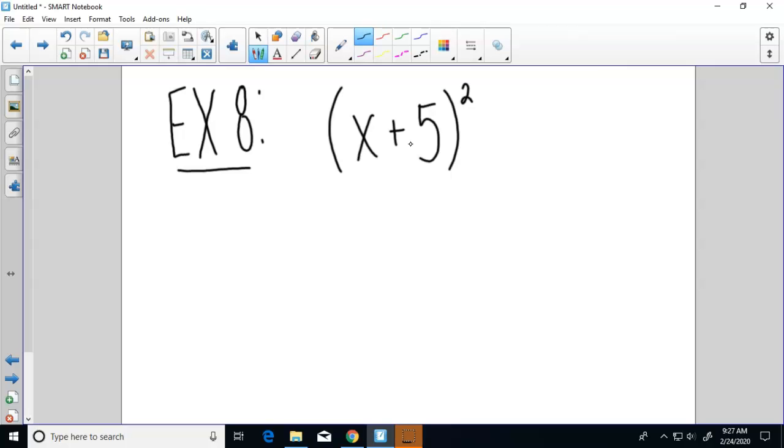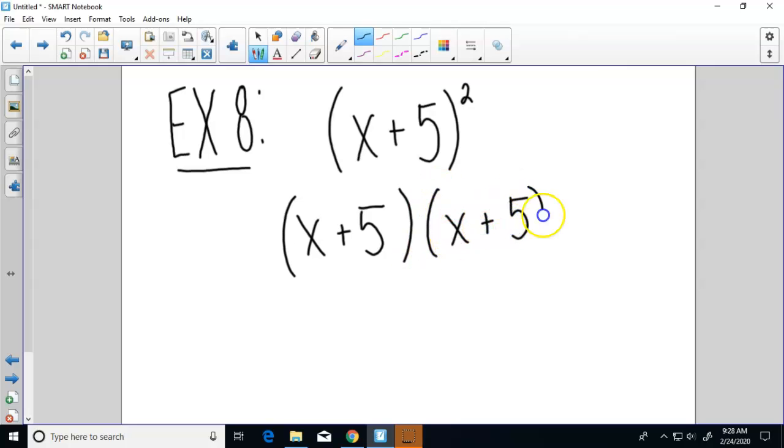But when we have x plus 5 squared, this is what it means. X plus 5 times x plus 5. So it means that you're multiplying x plus 5 twice. And so to do that, you've got to distribute, correct? So you would have to do x times x. That would give you x squared.